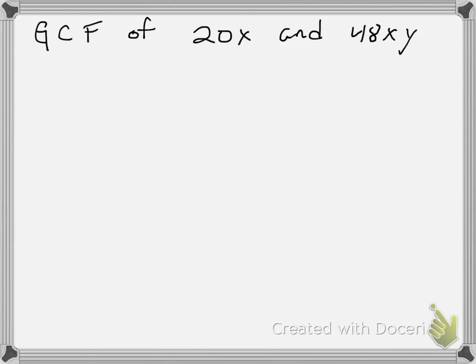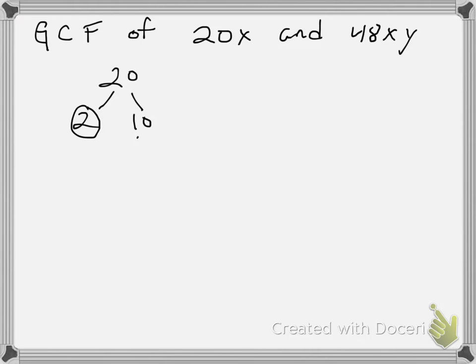Find the GCF of 20x and 48xy. Well, first we'll find the prime factorization of 20. So I could break 20 into 2 and 10. Now 2 is a prime number. I'll circle that. I can't go any farther.